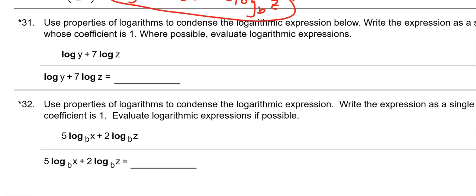Okay, on 31 here, now we're going the opposite direction. We're writing it as a single log. So, first thing I want to do is move the 7. So now I have log y plus log z to the 7th.